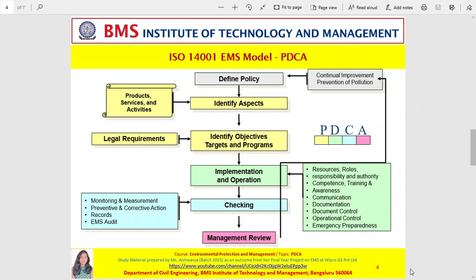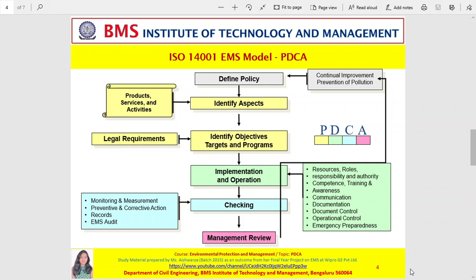Also, there may be a lack of technical expertise, which is an essential component in bringing about an EMS into action. Also, the fear of failure, since it's a tool which is not widely known, the implementation may be difficult and one may not know what exactly the outcomes of implementing an EMS would be. So these are some of the barriers of why most organizations don't adopt an EMS.